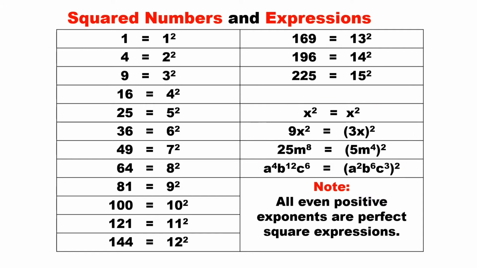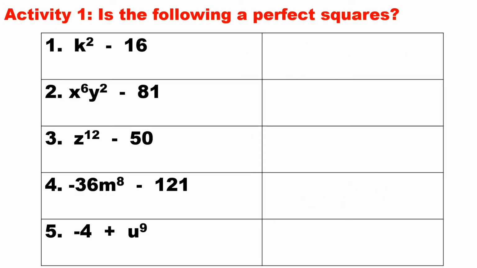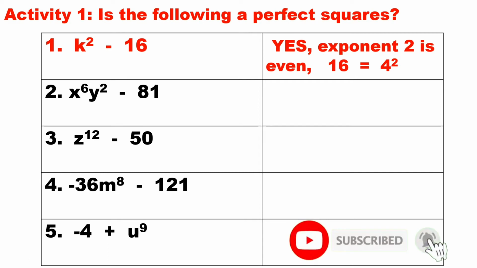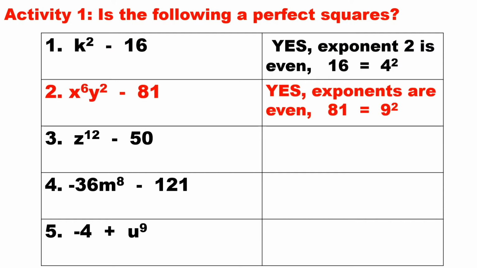In our activity 1, we will determine if the following are perfect squares or not, difference of two squares or not. Number 1, x squared minus 16 is a difference of two squares because exponent 2 is even, 16 is a squared number. Number 2 is also a difference of two squares because exponents are even, 81 is a squared number.